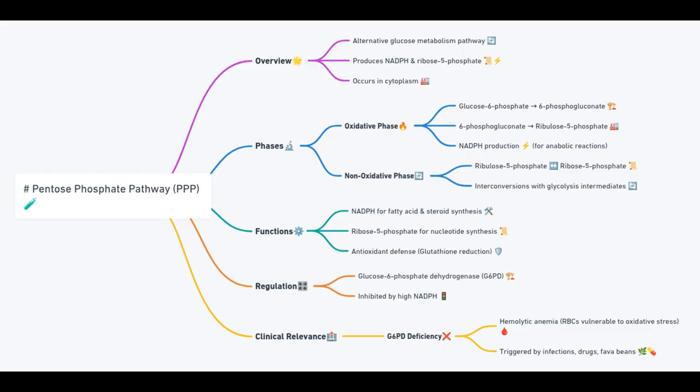In the non-oxidative stage of the pentose phosphate pathway, like I said, ribulose 5-phosphate is converted to xylulose 5-phosphate by ribulose 5-phosphate epimerase, or to ribose 5-phosphate by ribose 5-phosphate isomerase, and then the two could be converted to sedoheptulose 7-phosphate and glyceraldehyde 3-phosphate by transketolase.